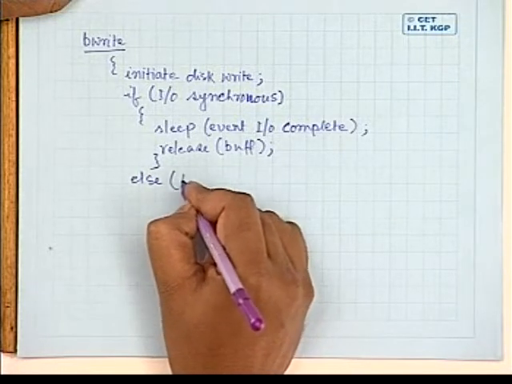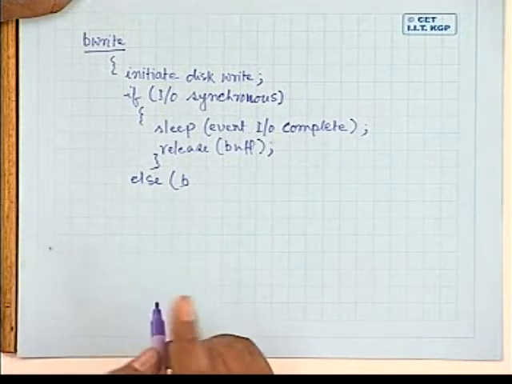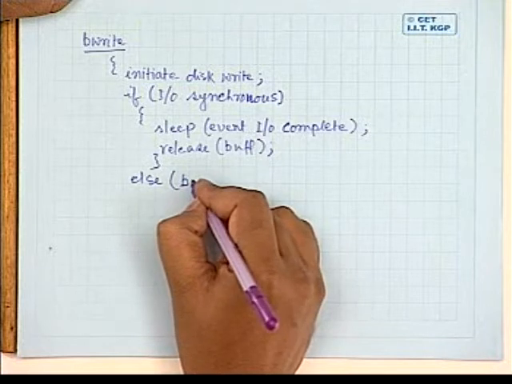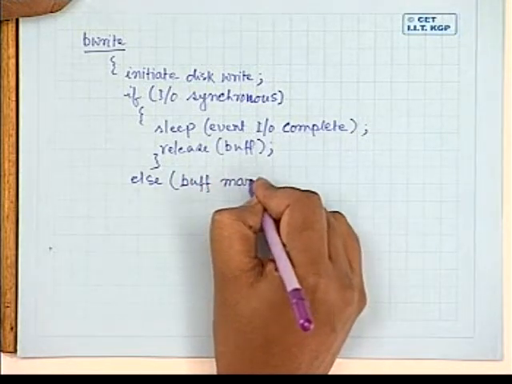Now, if this IO operation is not synchronous, so else, whether this write operation has been initiated because a buffer was marked as delayed write. So in that case, you check whether the buffer was marked as delayed write.